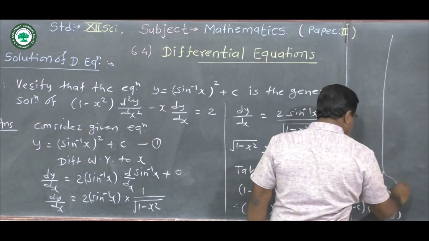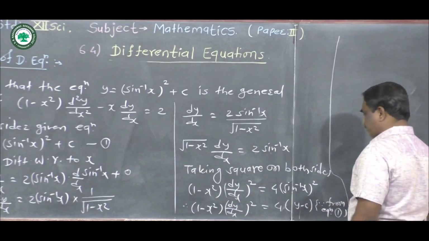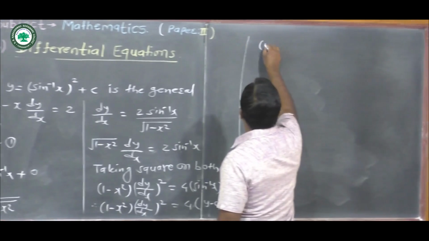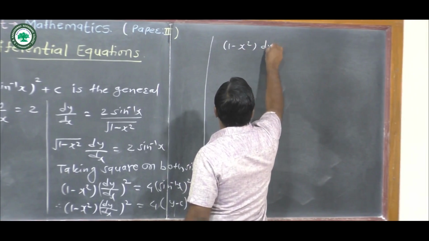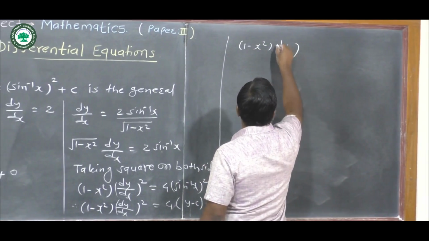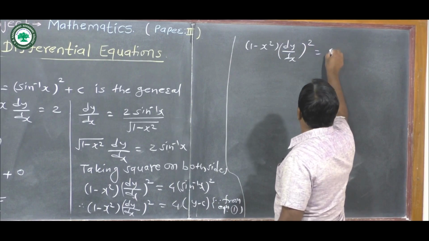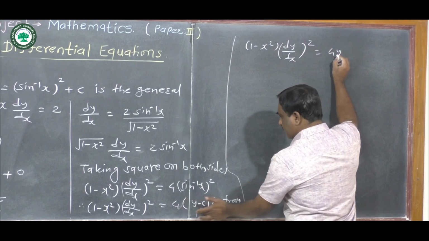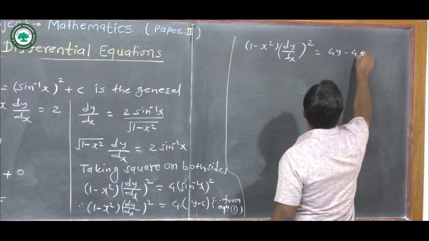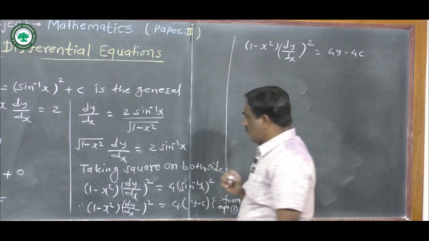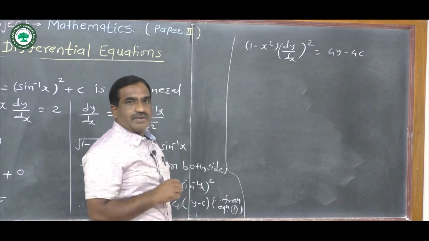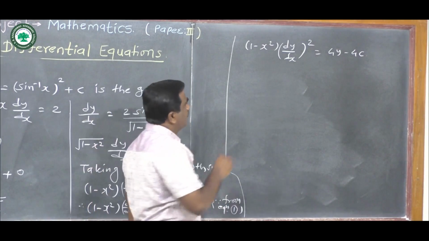Okay, therefore we can write here 1 minus x square into dy by dx bracket square is equal to 4y minus 4c. Okay, now differentiate this equation with respect to x again.